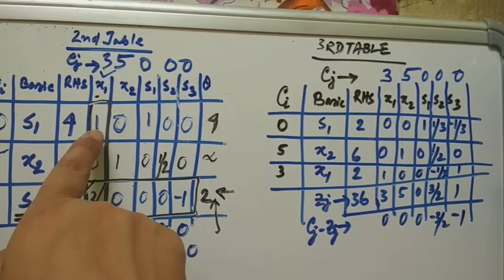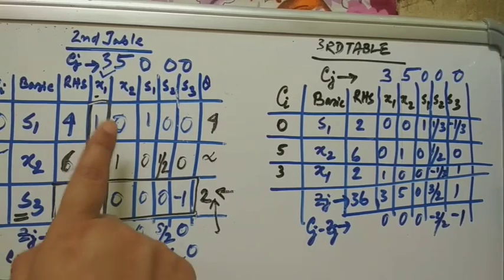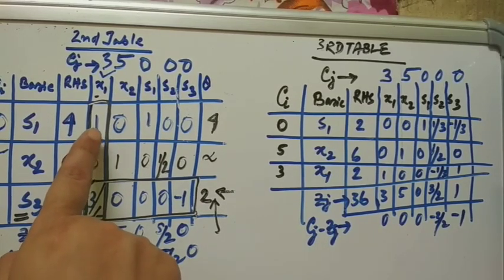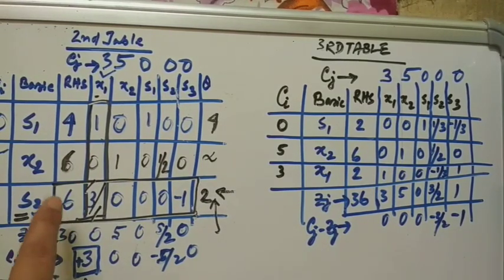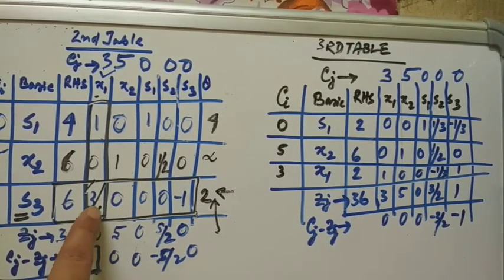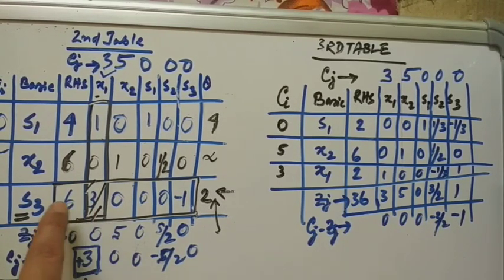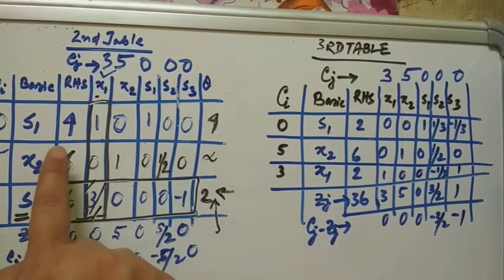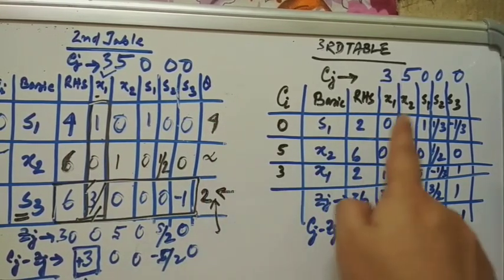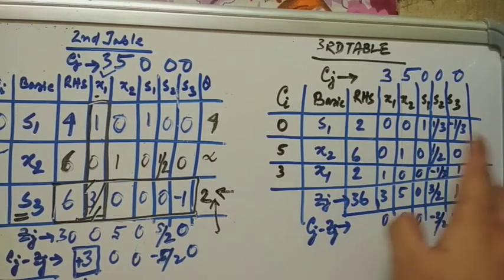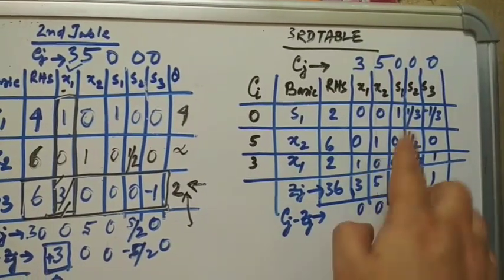Now corresponding value is 1, and corresponding key column value, okay, we have to take corresponding key column. So corresponding key column value is 1, and corresponding key row value is 6. So 4 minus 6 into 1 by pivot element, that is the 3. So 6 by 3 will give you 2. So 4 minus 2 will give you 2. Similarly, I have constructed the rest of the elements in the decision matrix, you can say.